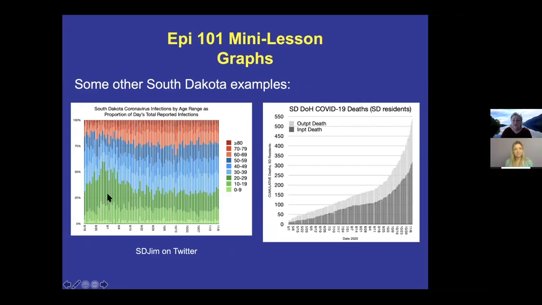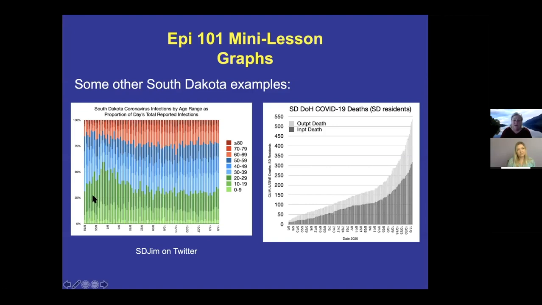What he is showing is the differences in the age of cases over time. So the green colors are younger individuals, and the lighter green it gets, the younger it gets. And the red are the older individuals, the 60 plus are the orange and red. And then the middle age are the blue.